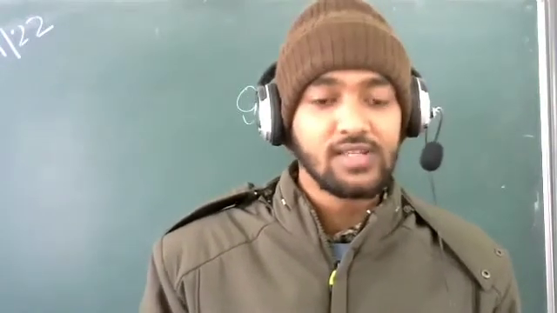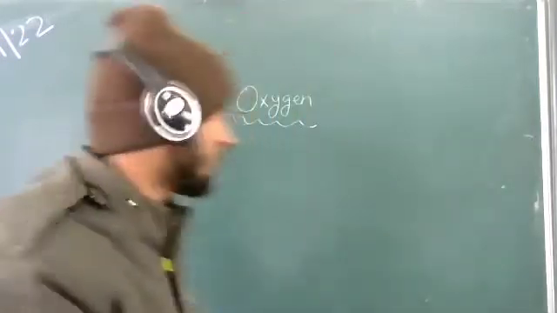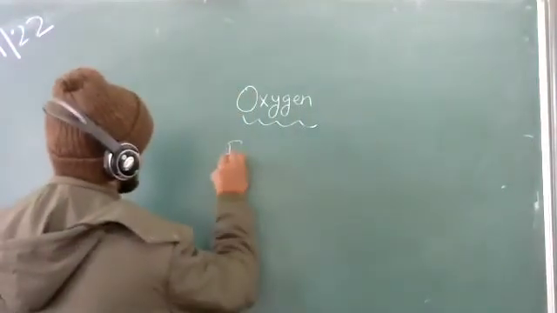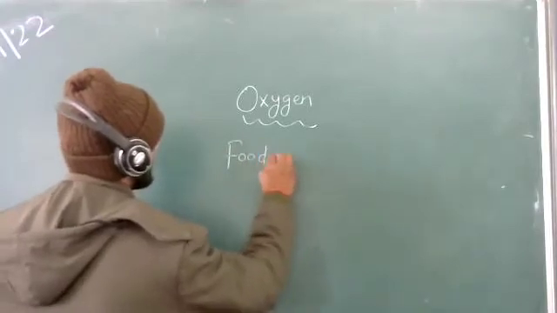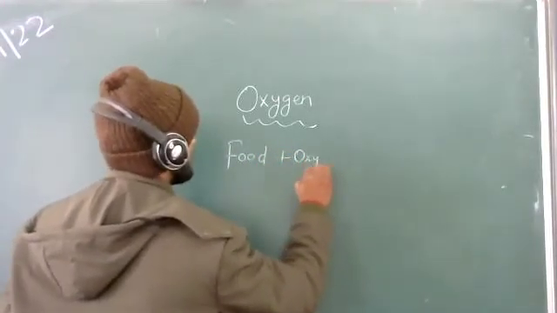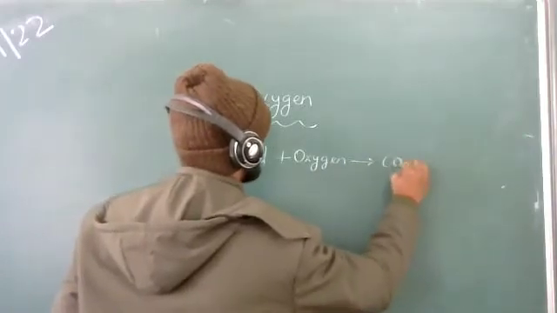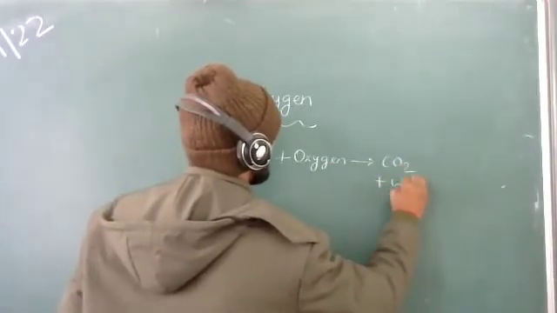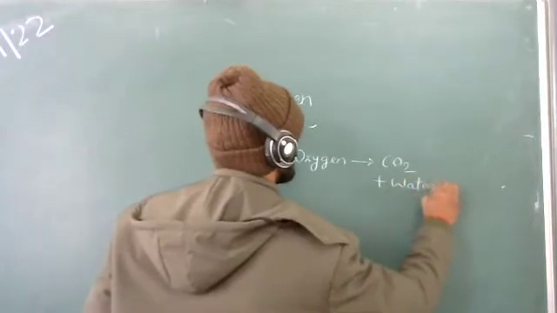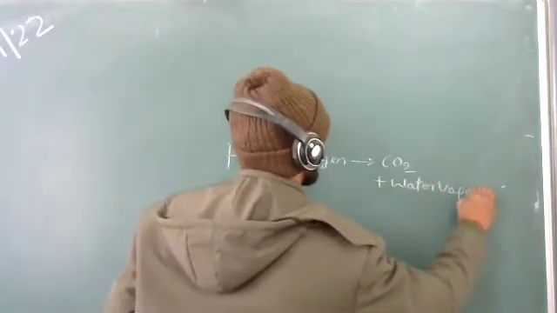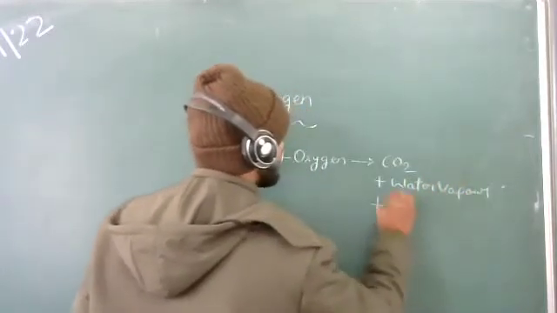And carbon dioxide and water vapor are released during this process. When these food items break down, what extra things are released? Carbon dioxide and water vapor. So you can learn this reaction: food which we eat reacts with oxygen to give carbon dioxide, water vapor, and energy.